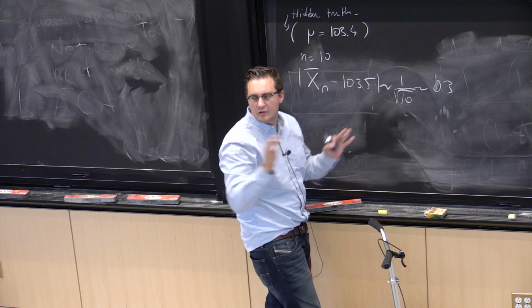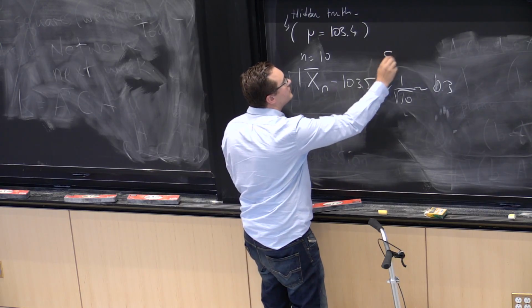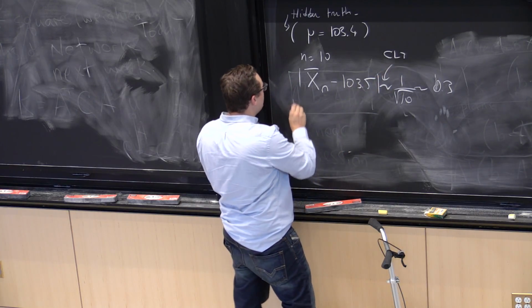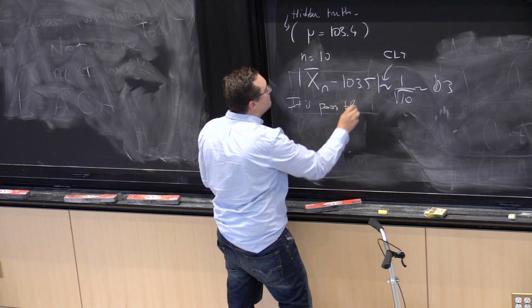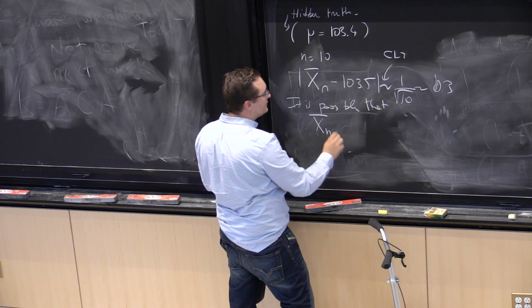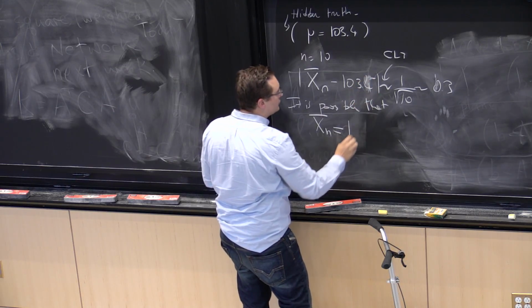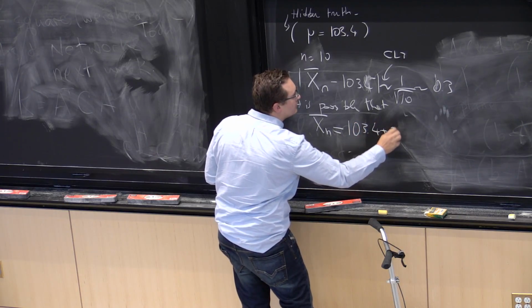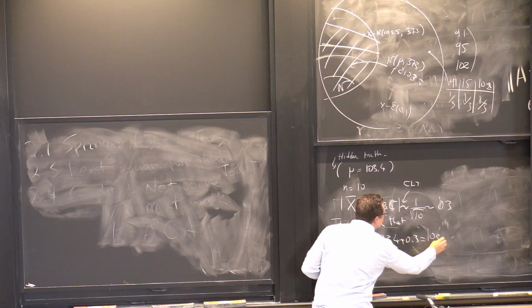This is all hand wavy, but that's what the central limit theorem tells me. What it means is that it is possible that X bar n is actually equal to 103.4 plus 0.3, which is equal to 103.7.